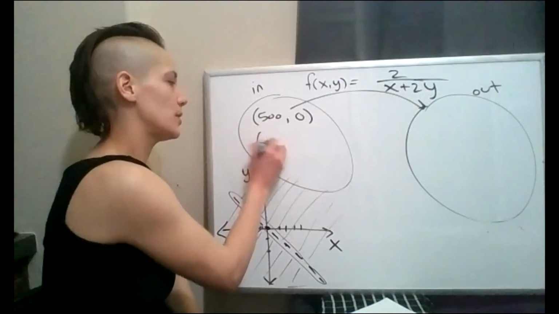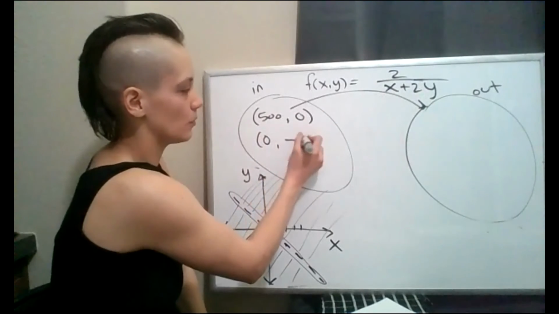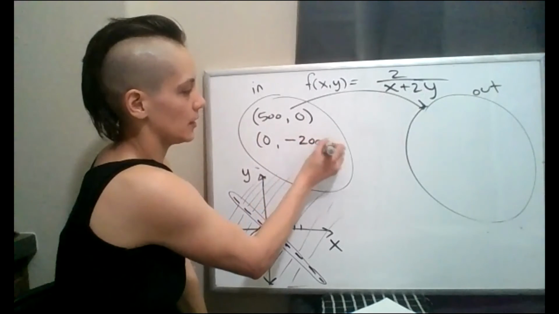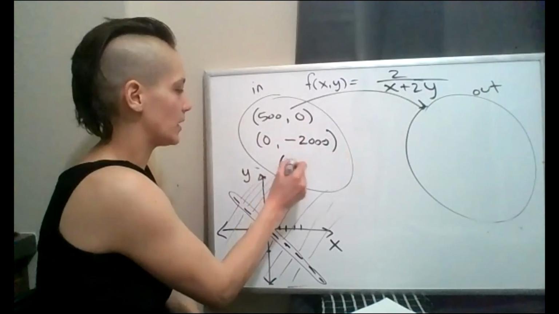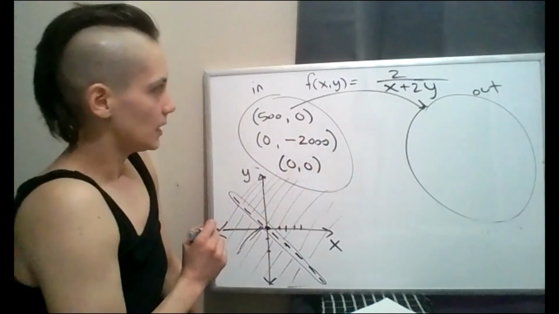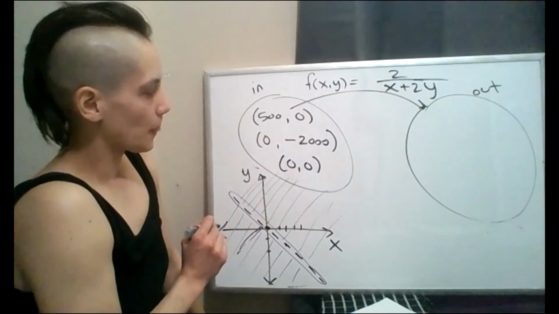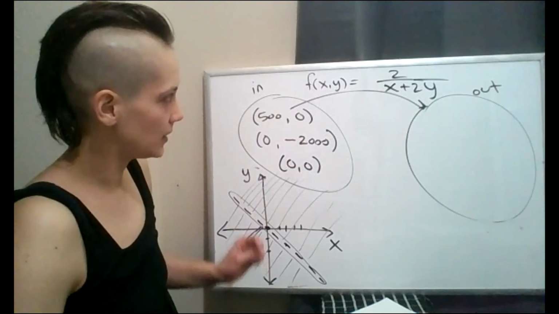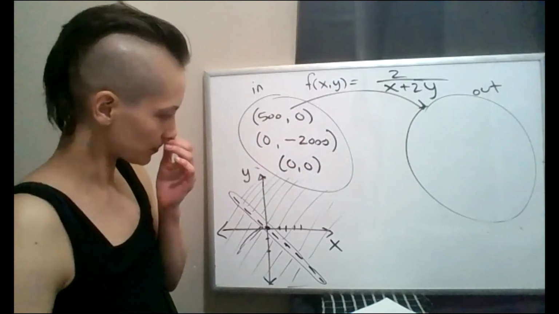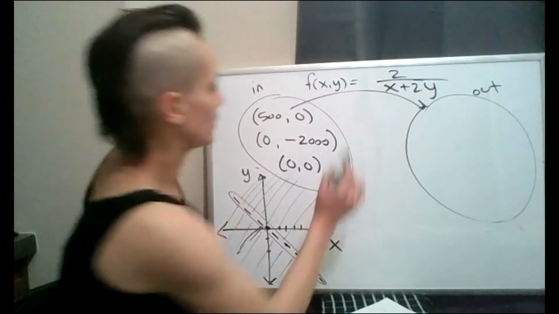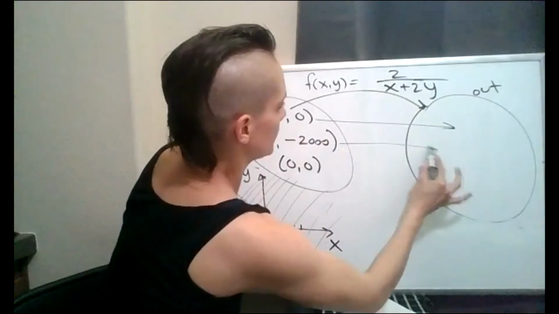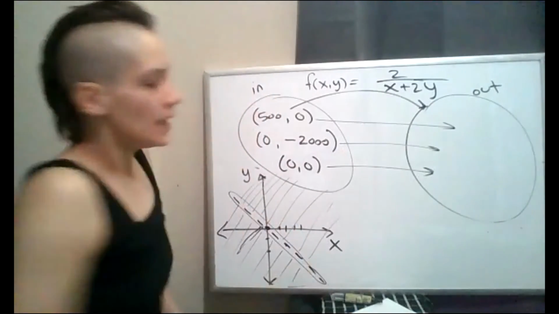So we're going to do 0, comma, negative 2000. Also give 0, 0 a try, just for fun. Good for now.